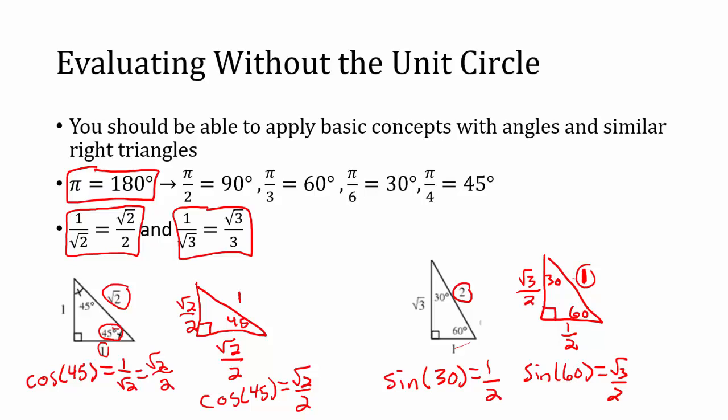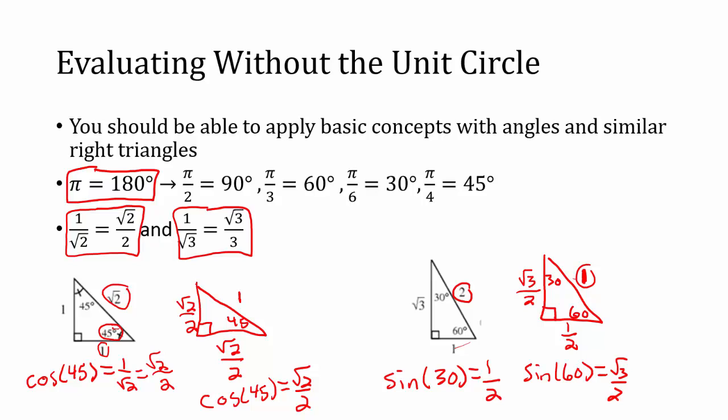Now I can check to see if this all still makes sense, because if I look at my new 30, 60, 90 triangle here, the sine of 30 should still be 1/2. Let's check it. Sine of 30 is opposite 1/2 divided by the hypotenuse 1. Yep, the sine of 30 is 1/2 divided by 1, which is 1/2. So the sine of 30 degrees is always going to be 1/2, so I can check to confirm that this is a good 30, 60, 90 triangle.